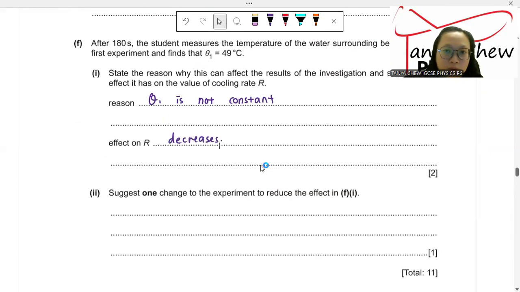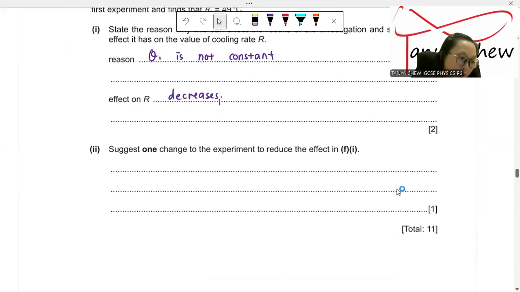Now, second part, suggest one change to the experiment to reduce the effect in F part 1. So I say maybe because the volume of the water is too small, because when you put in beaker A, right? So due to the small volume of the water, the heat could be lost to the surrounding very quickly.